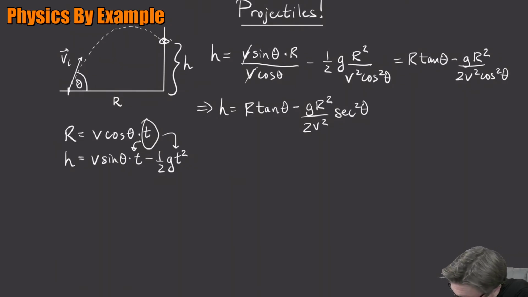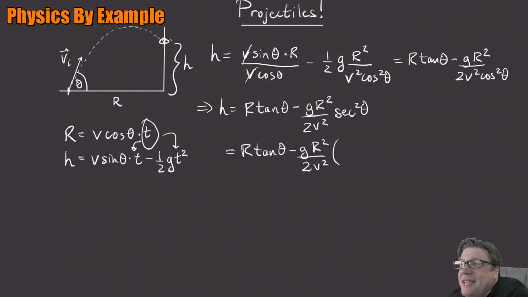So here's what I can do. I can call this r tangent theta minus gr squared over 2v squared, and the identity is secant squared is just 1 plus tangent squared. All right, cool. 1 plus tangent squared theta. So I can write it like this. Look at this.